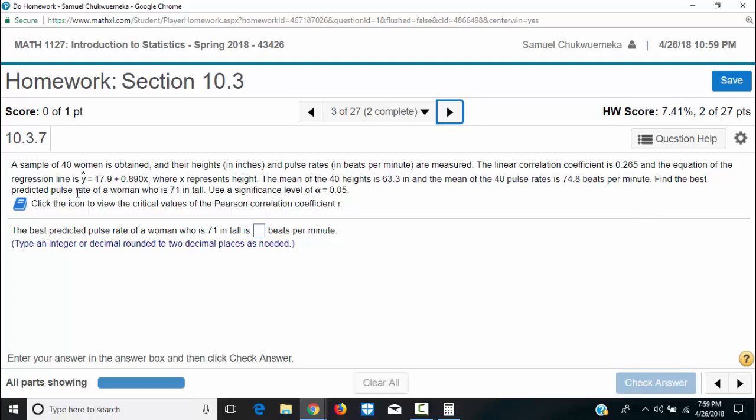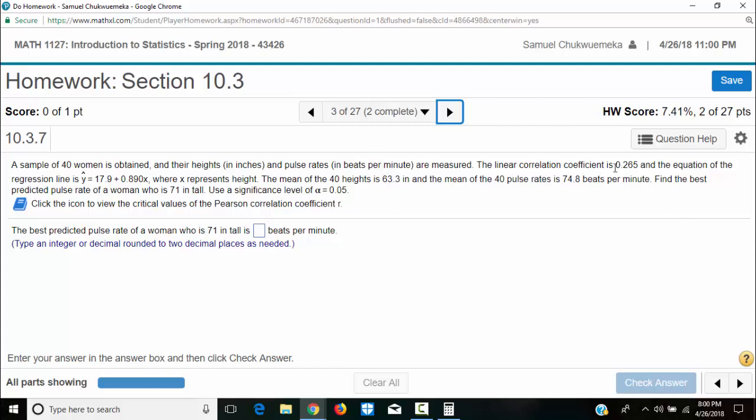And the equation of the regression line is y hat equal to 17.9 plus 0.890x, where x represents height. The mean of the 40 heights is 63.3 inches, and the mean of the 40 pulse rates is 74.8 beats per minute. Find the best predicted pulse rate of a woman who is 71 inches tall. Use a 5% significance level.